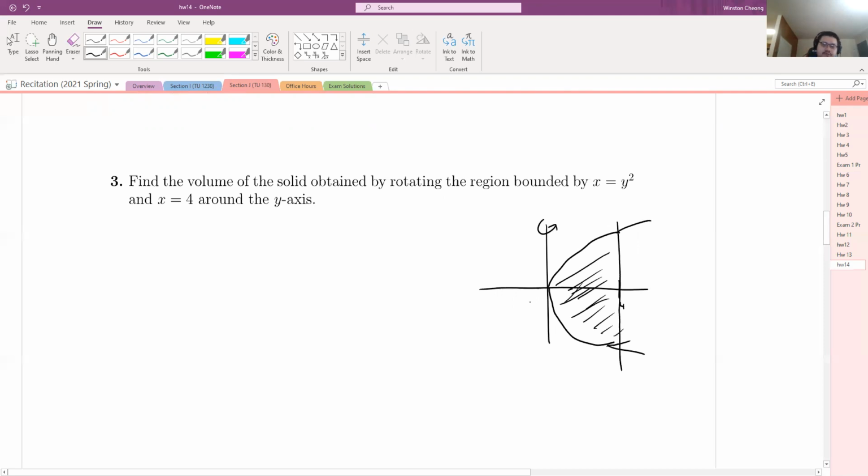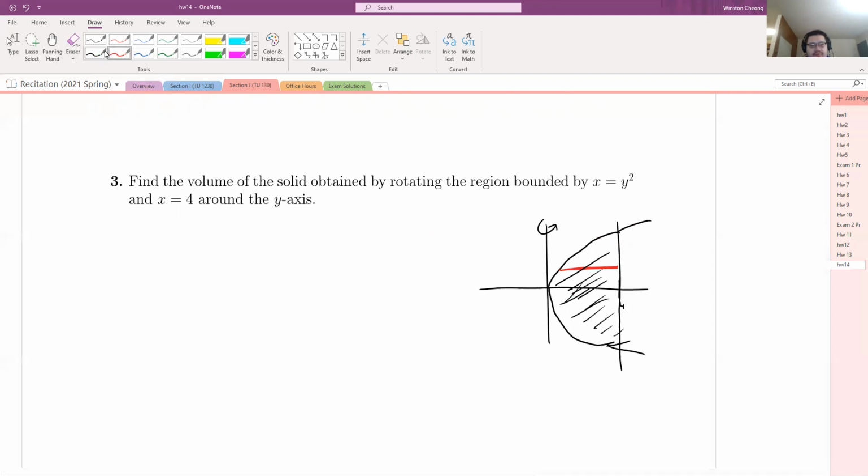And well, hopefully you can see then that this is the segment that we would track. So if we track rotating this red segment about that axis, we'll get a washer, right? And the big radius is given by the equation 4, and the small radius is given by the parabola, the y squared.